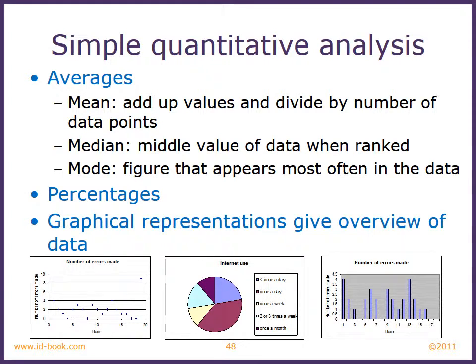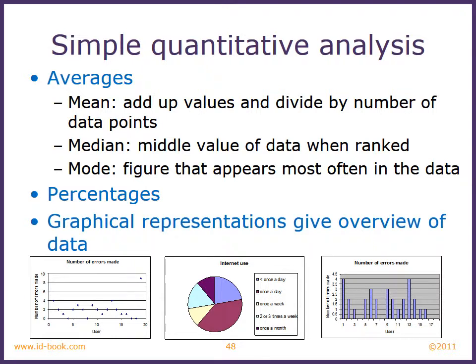Simple quantitative analysis includes averages, means, medians, and modes, which help us to rank and prioritize things according to their importance. Percentages also help to understand where an issue or point lies.